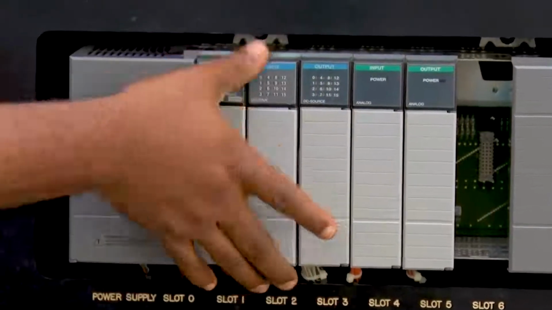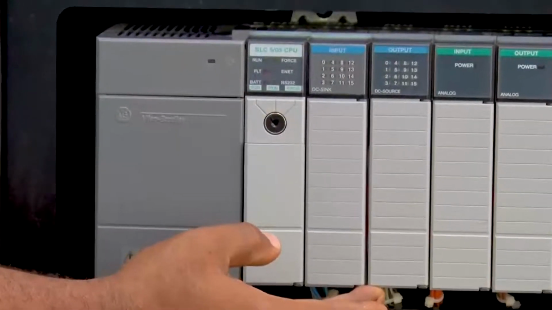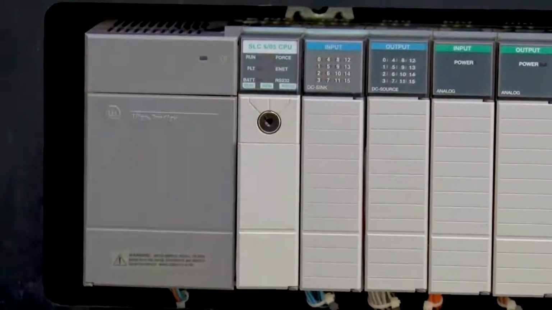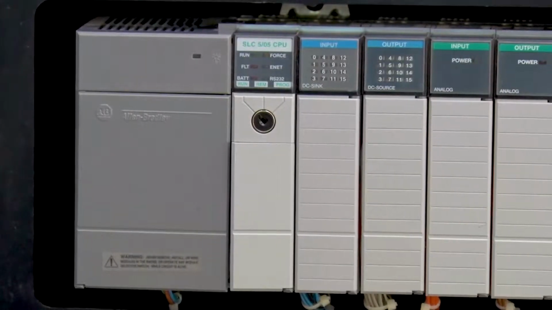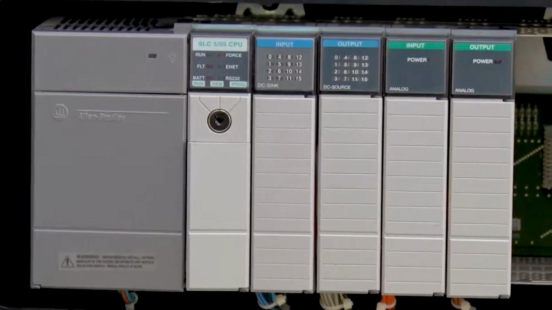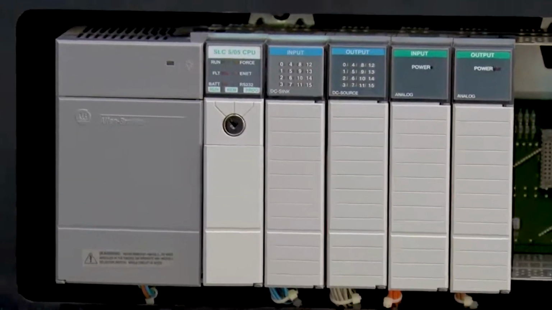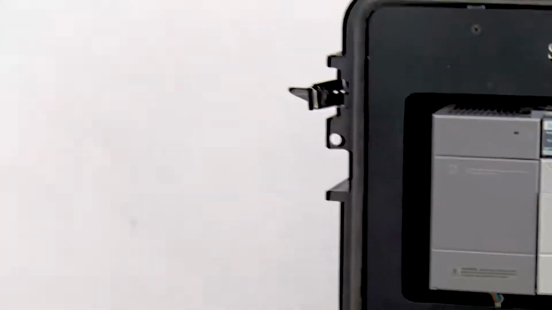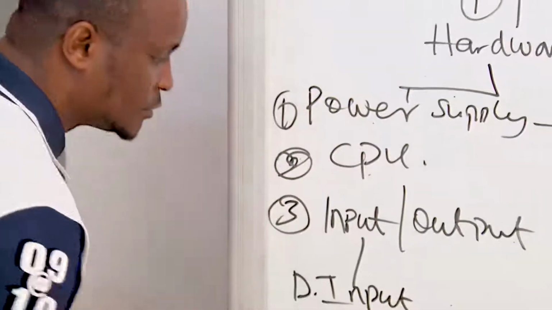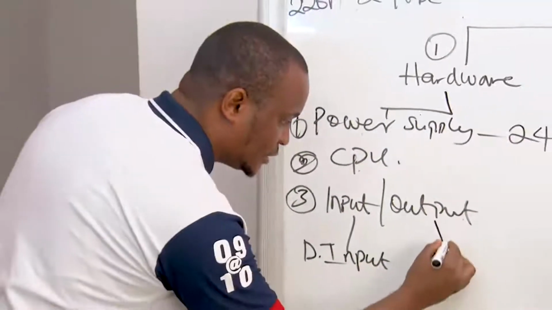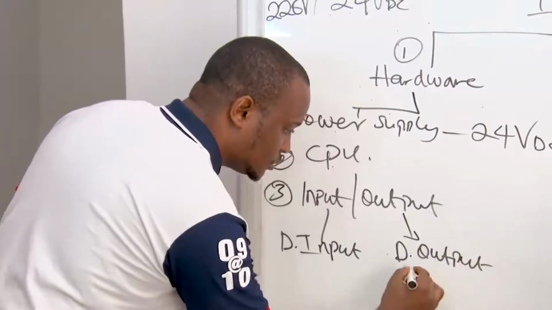Now talking about the modules, these are the input modules. This section is the input module, and we have the output module. Now this is the digital input module. So under the other part of the hardware, we have the input and then we have the output module. Under these modules, we could have a digital input, we call it DI, or we could have a digital output, DO.